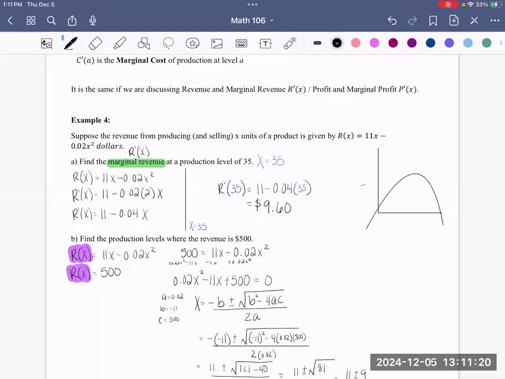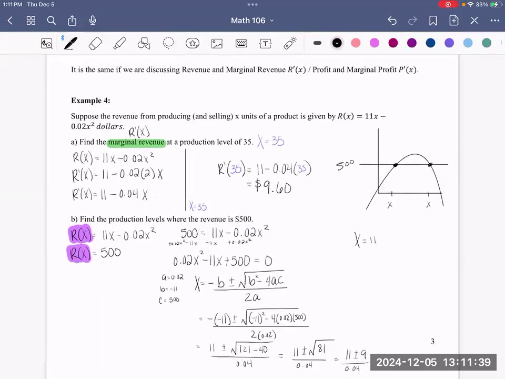I want to know these particular points. I have my y, and I need to know the x values that correspond with it. So x is equal to either 11 plus 9 over 0.04 or 11 minus 9 over 0.04. Those came out nicely.